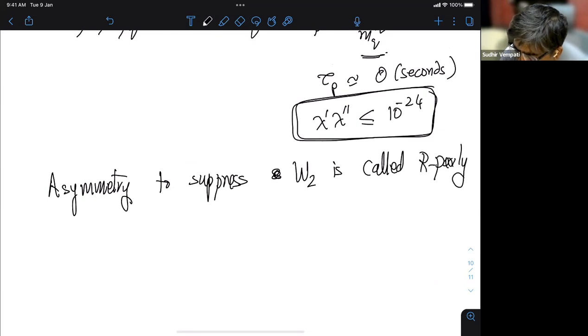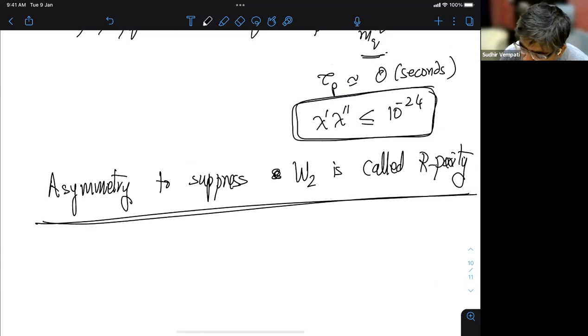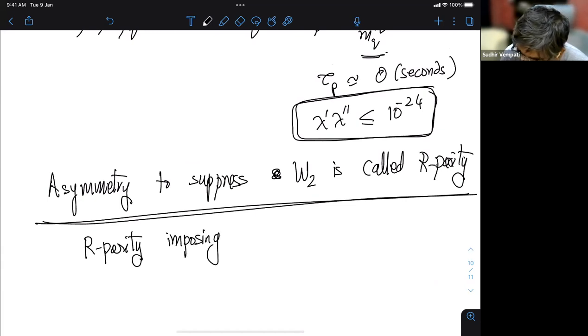It's a discrete symmetry, and imposing it on the superpotential will set W2 to 0.